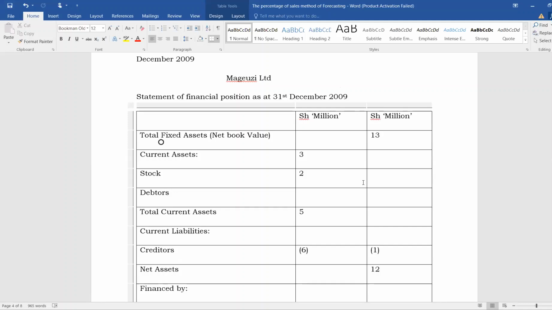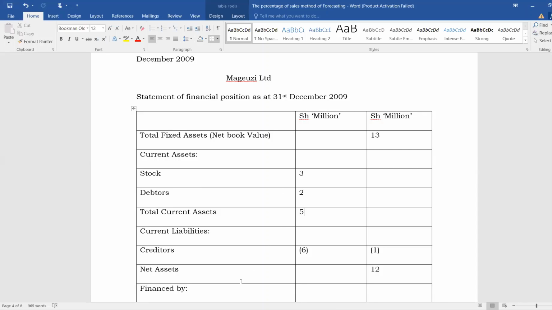Current assets, kuna stock. Hii 3 ni hapa chini. If you have your question paper with you, you can confirm. Current assets, yes. We have stock 3, debtors 2. Total current assets, 5. Okay, fine.